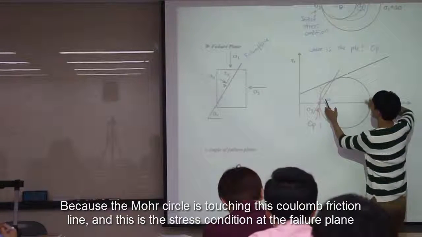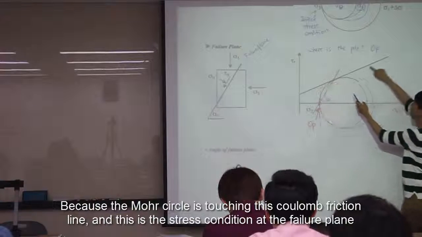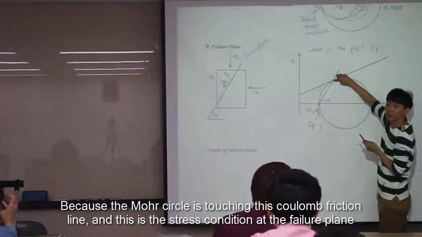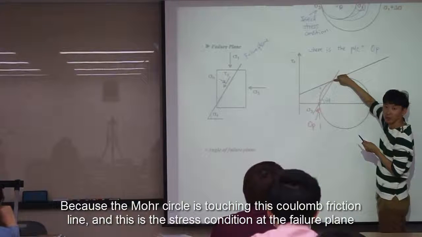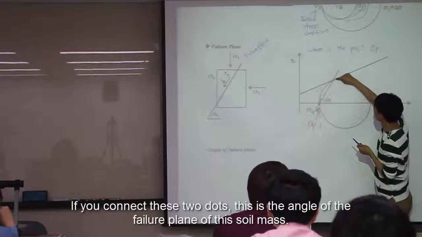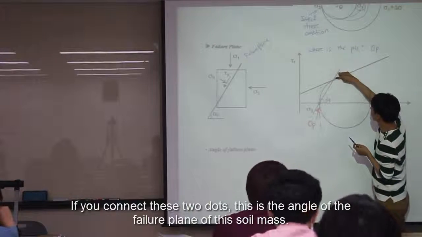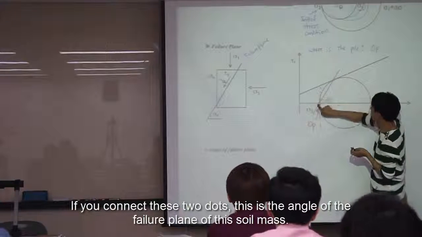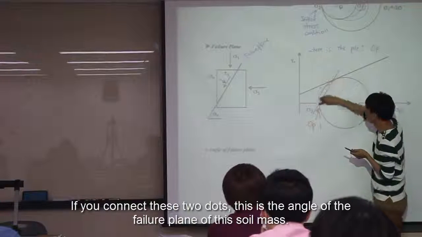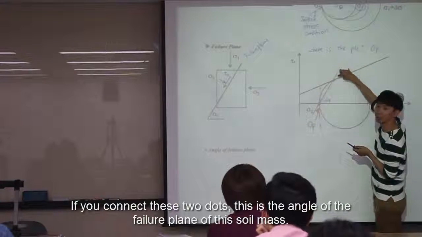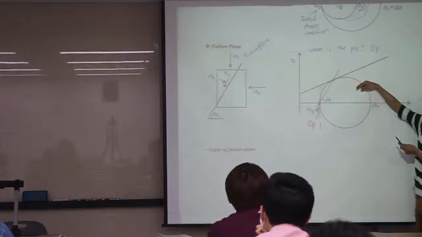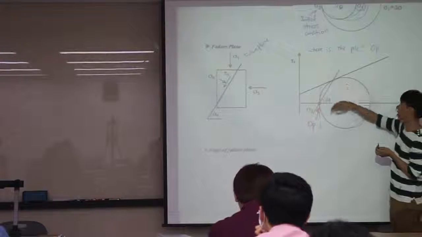Because the Mohr circle is touching this Coulomb friction line, and this is the stress condition at the failure plane. Right? So if you connect the dots from here to here, then this is the angle of the failure plane of this soil mass. And that will be a more reasonable guess.